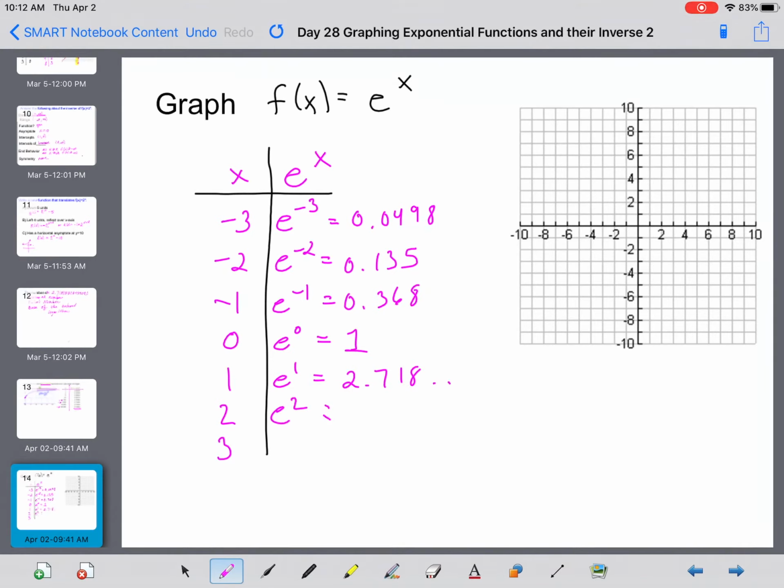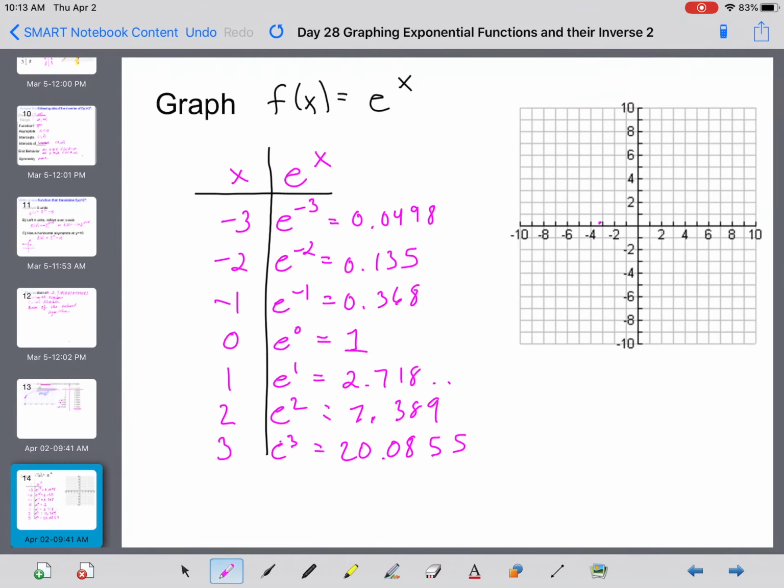And then we'll have e squared. And then we'll have e to the 3rd, which is going to be way too big for my graph. So I just wrote down a few decimal points.